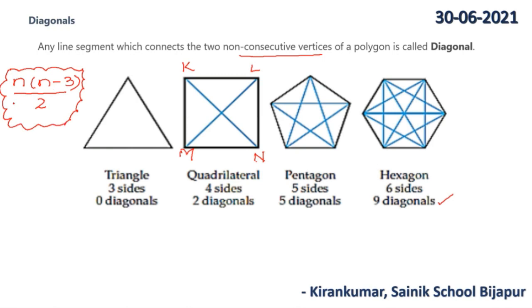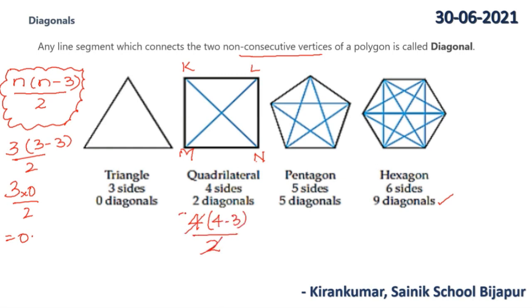If n is the number of sides, a triangle has 3 sides: 3 into 3 minus 3 by 2, which is 3 times 0 by 2, equal to 0. 0 diagonals are present. If 4 is the value of n, 4 into 4 minus 3 by 2, this is 2 times.